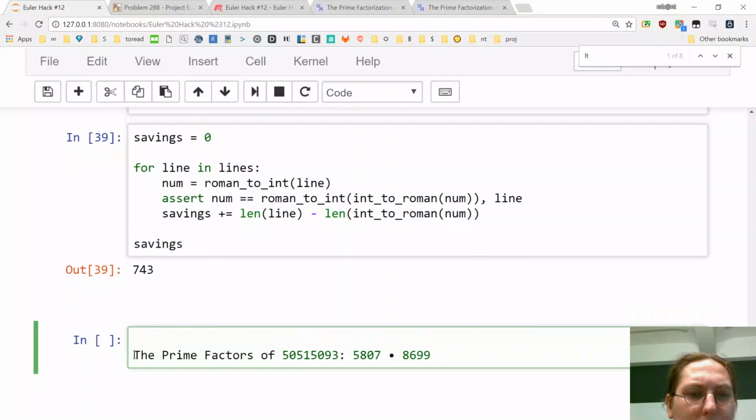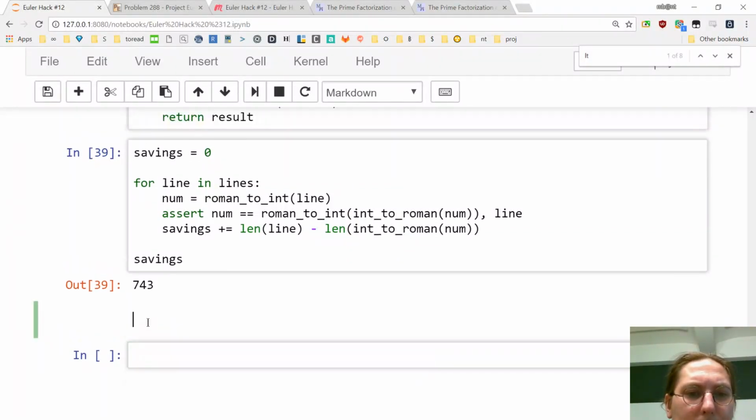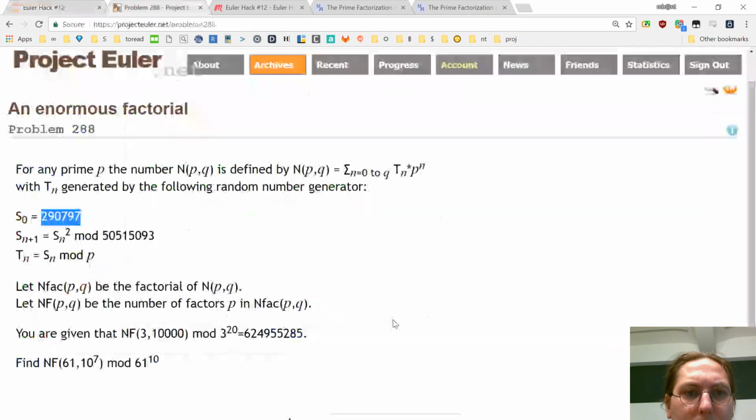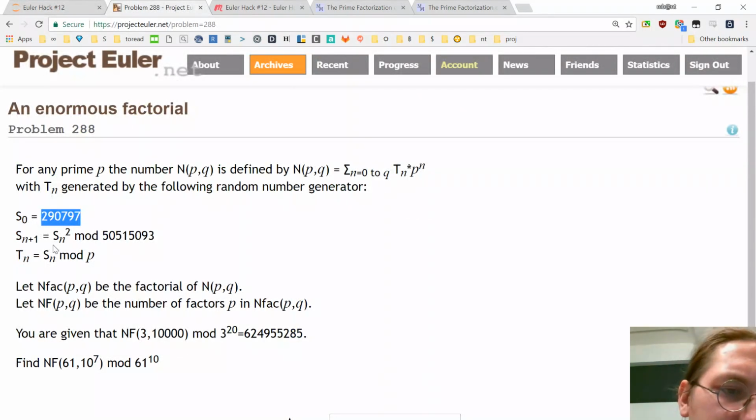This is a random generator, and it starts, and the seed is that 207,000, 290,000. That's a seed. Then each time there is a square, and you do mod that product of 2 primes, and then you mod it with p, and the p is 61 in our challenge.